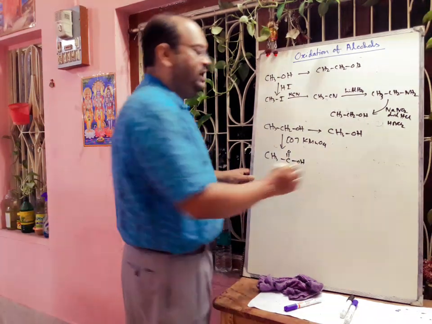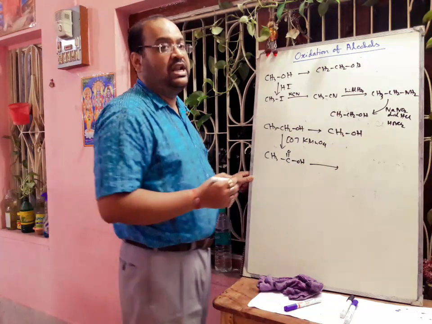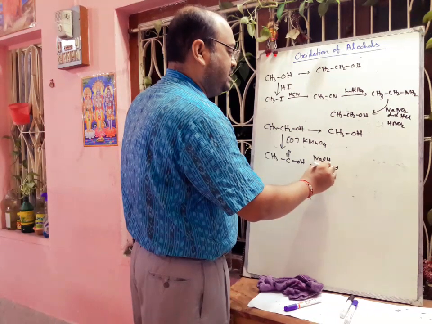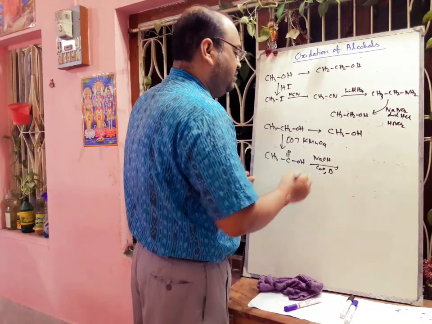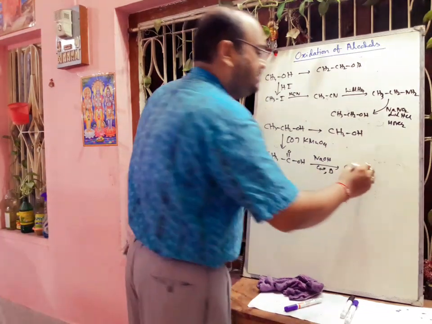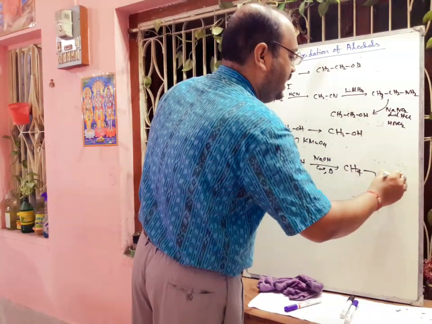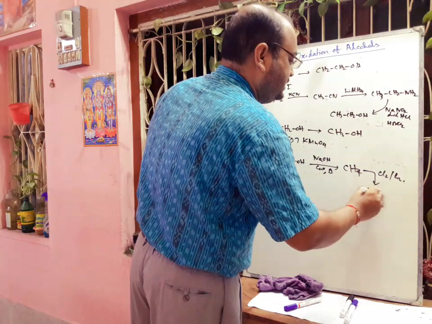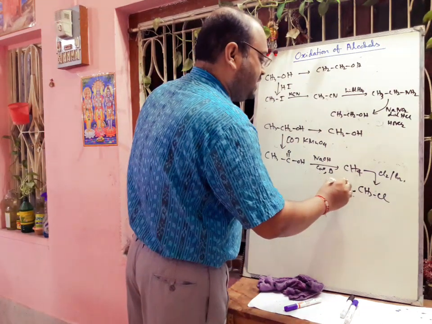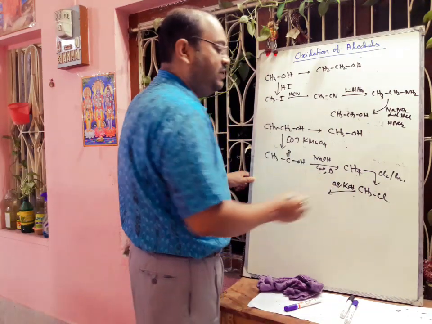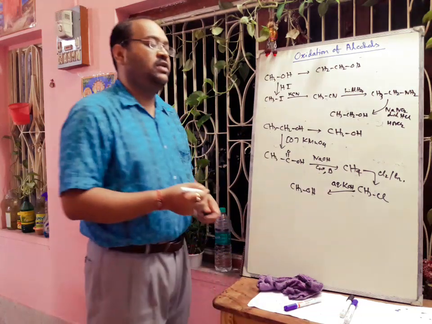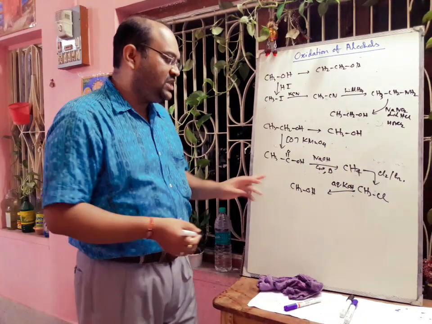And here if we add soda lime, you know, a mixture of sodium hydroxide and calcium hydroxide, and if we apply heat, that will release one carbon dioxide gas and form methane. Now in this methane, if we give chlorine and diffused sunlight, then that will form CH3Cl, methyl chloride. And in methyl chloride, if we use aqueous KOH, that will give an SN2 reaction, and there will be formation of methyl alcohol. So in this way, we can also prepare methyl alcohol.